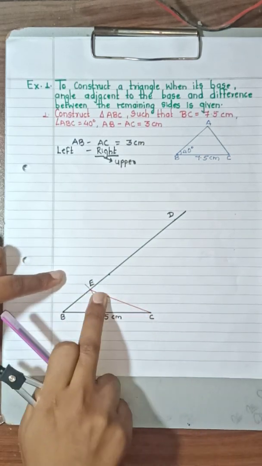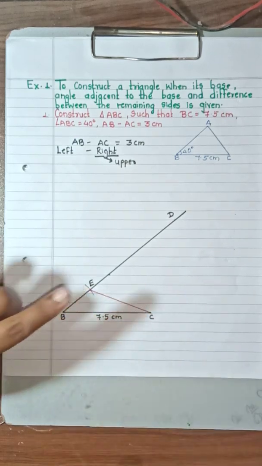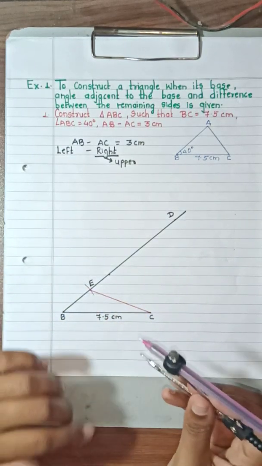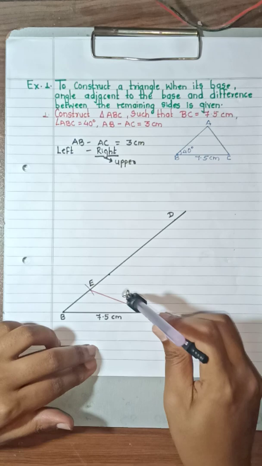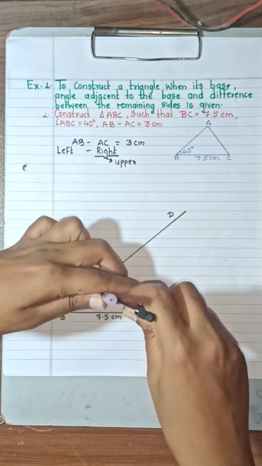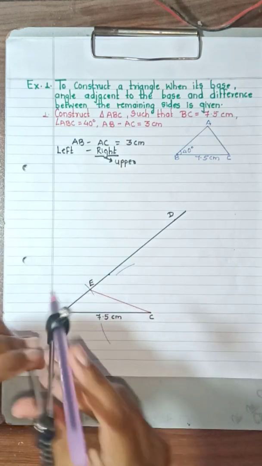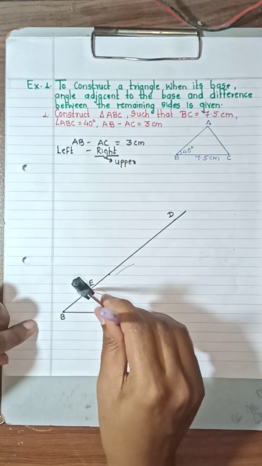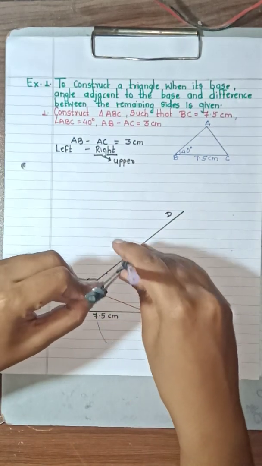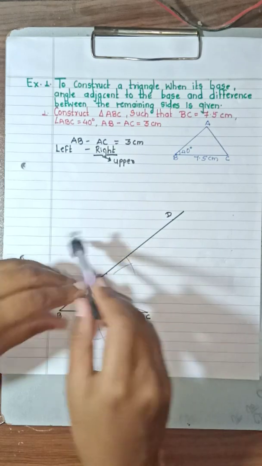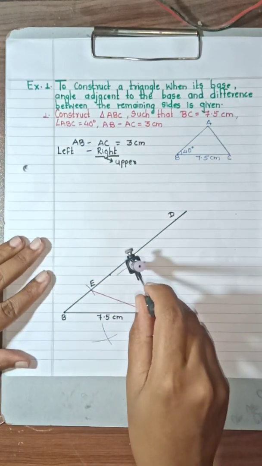You can see this red line. For that, you keep the pointer at C, take more than half distance and mark an arc over here. In the same way, you'll keep the pointer at point E and mark the arc over here. I have to increase the arc.